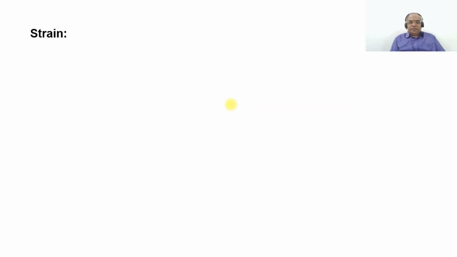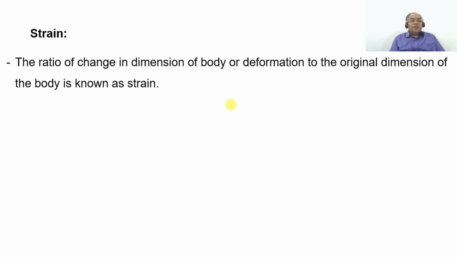comes the strain. So what is strain? The ratio of change in dimension of the body, or deformation, to the original dimension of the body is known as strain.